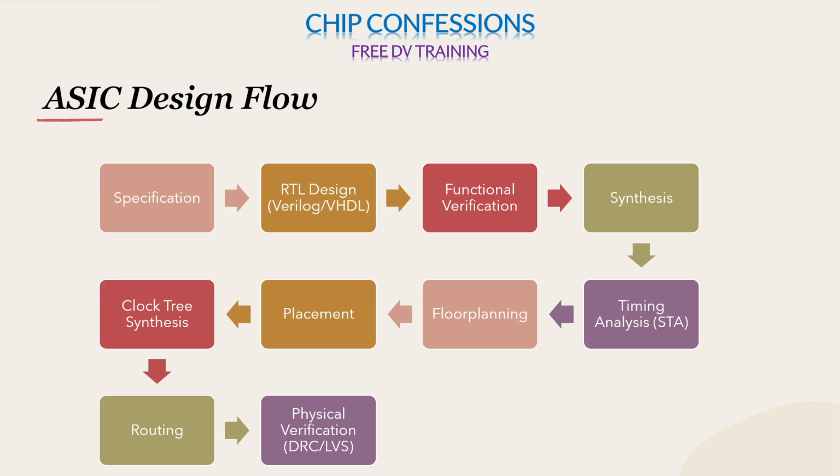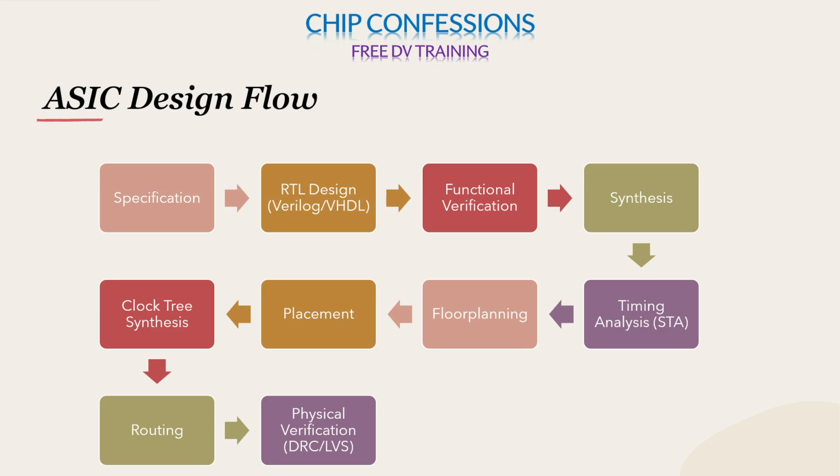We will have two things here: one is DRC and the other is LVS. What is DRC? DRC is nothing but the design rule check. We have done the layout, we have placed everything, we have everything ready. What we have to see is whether, after this placement and routing, it is complying with the manufacturing rules provided by the foundry. Foundry is where your chip is fabricated into a physical entity which you can touch by your hand.